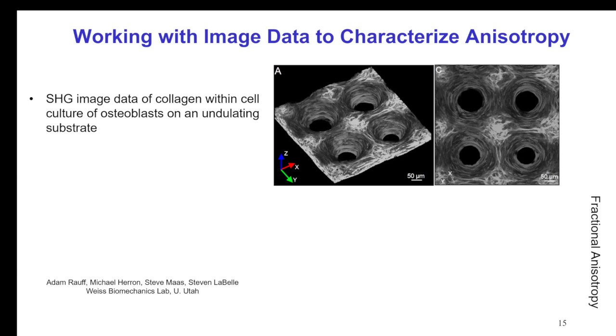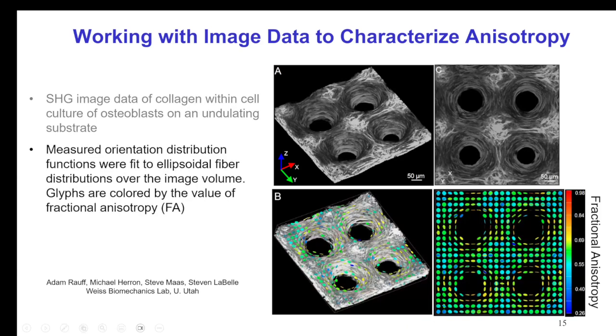One of the other things that one of my previous students was working on is the ability to characterize material anisotropy. So you can also bring in image data and calculate the orientation distribution function for the local region of the image. Then you can take that orientation distribution function and fit it, if you want, to a parametric representation like an ellipsoidal fiber distribution or a von Mises fiber distribution.